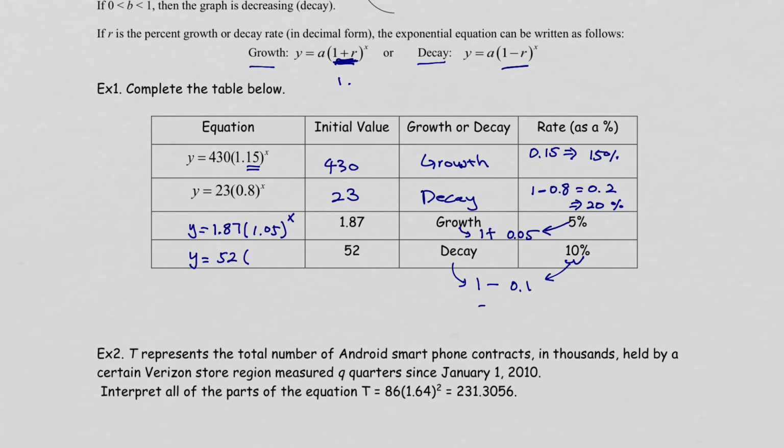And what do you get? It will be 0.9. So you're going to get 0.9 with exponent x on the power. So this is how you're going to build exponential equations with the given information.